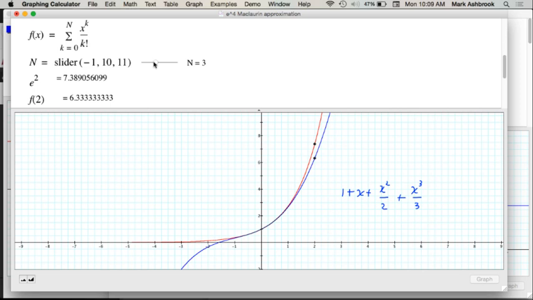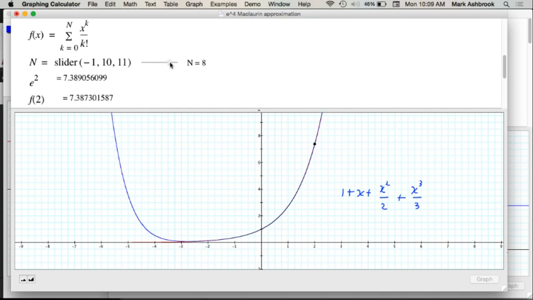Here's n equals 3, doing a lot better now. We know e squared is about 7.389. The cubic Taylor polynomial gives us 6.33, and at n equals 5, 7 versus 7.389. So we see that it's converging very quickly here.